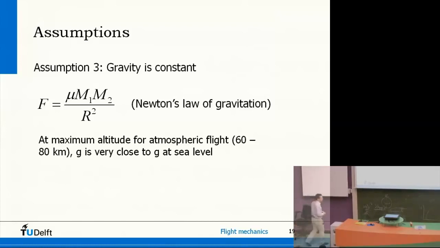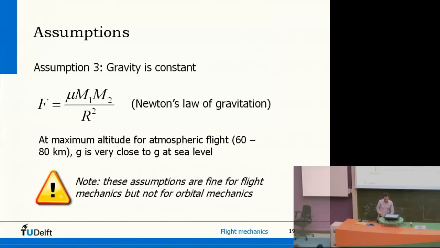So that's a fairly relevant assumption. Final assumption I'm making is that I'm going to treat the aircraft like a point mass. I'm going to treat it like a little ball, basically, and see what kind of motion it will make. So these are the basic assumptions.